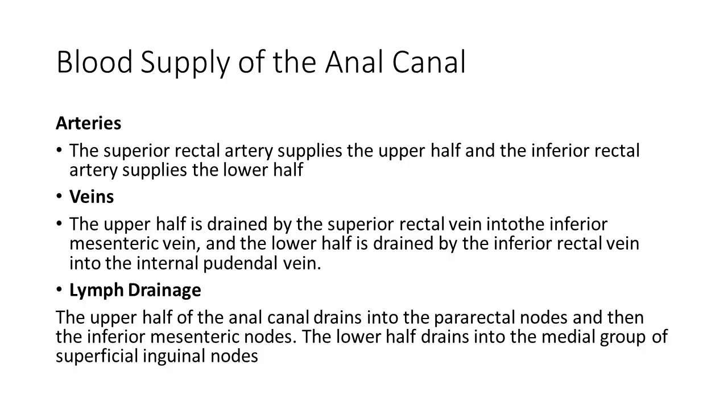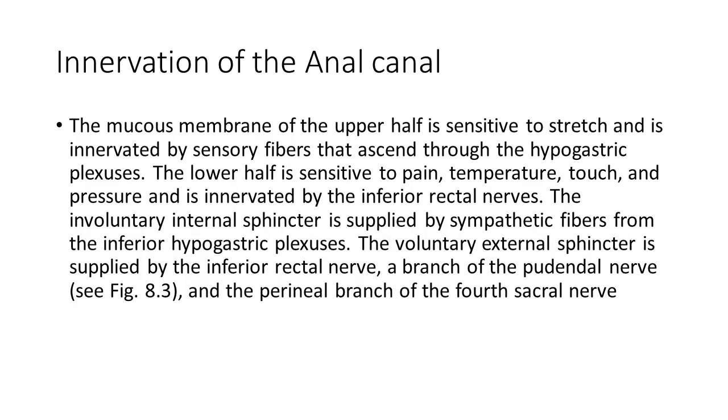The nerve supply is somatic, from the inferior rectal nerve. Innervation of the anal canal: the mucosa of the upper half is sensitive to stretch only and is innervated by sensory fibers that ascend through the hypogastric plexus, and the lower half is sensitive to pain, temperature, touch and pressure, and is innervated by the inferior rectal nerve.